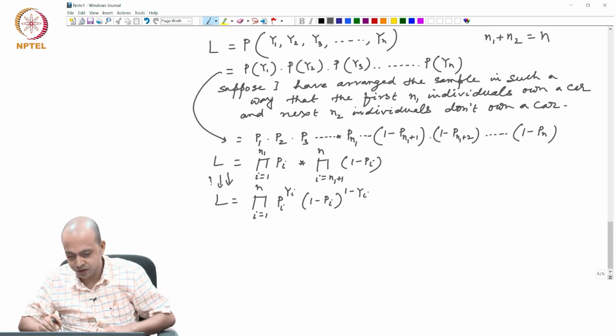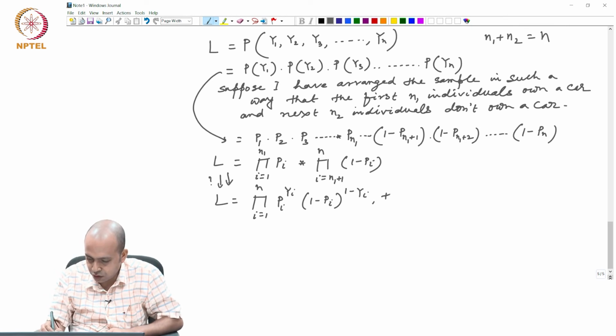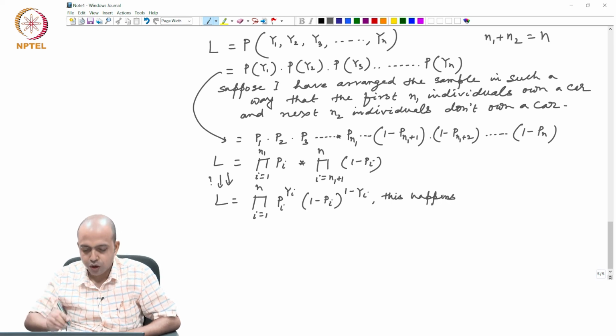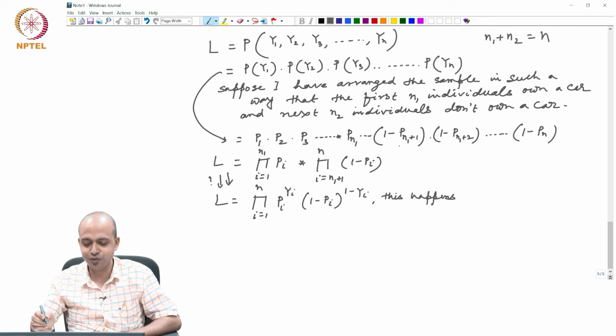See, this happens because yi equals 1 for the first n1 observations, and if yi equals 1, then this would become pi, and yi equals 0 for the next n2 observations, that is why it will become 1 minus pi, because this would become 0. So, ultimately this will result in pi into 1 minus pi.